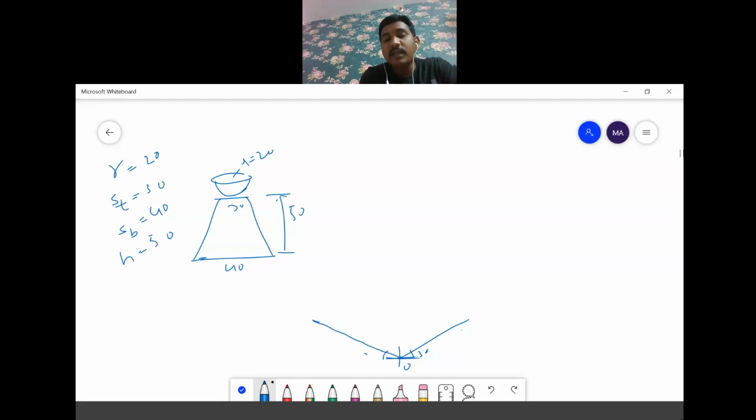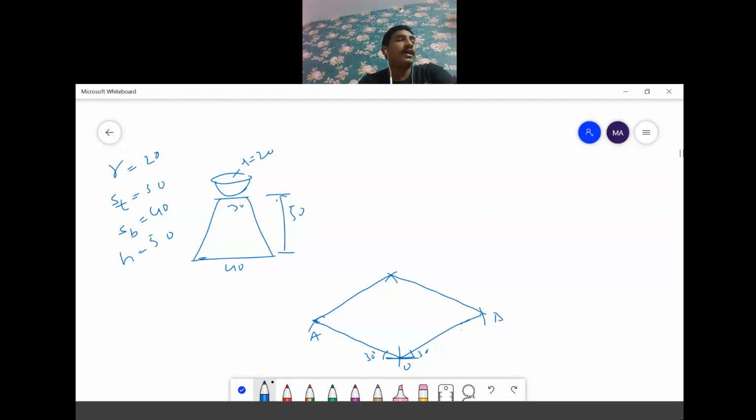He has given the bottom side as 40, so I am cutting 40 here and 40 here. I take these points as A and B. From A, I am cutting an arc of 40, then joining these to form the square with a 40 mm side.